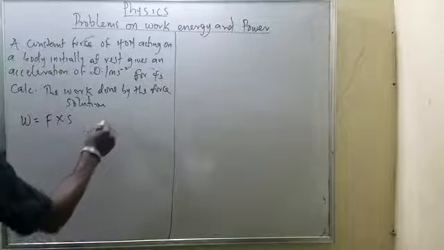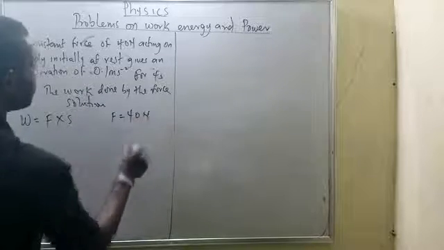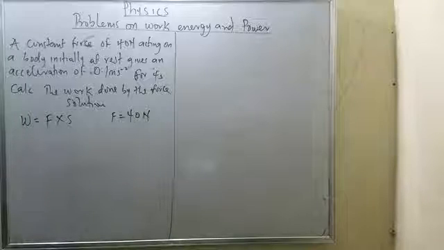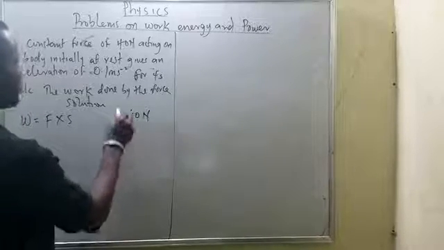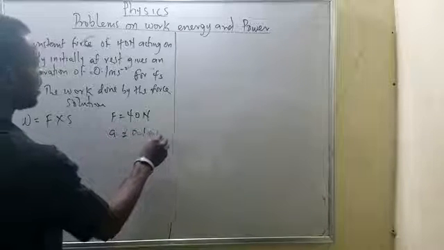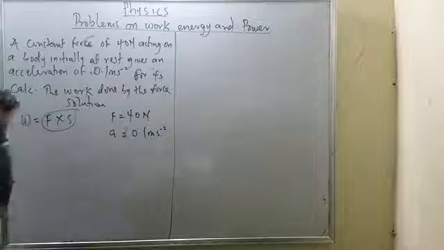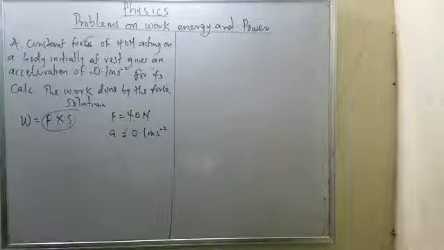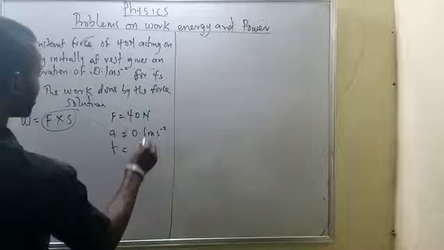I have my force as 40 Newton, and I have my acceleration as 0.1 meter per second squared, which is not what I'm looking for. I need my distance. With this, I have time. My time is 4 seconds.